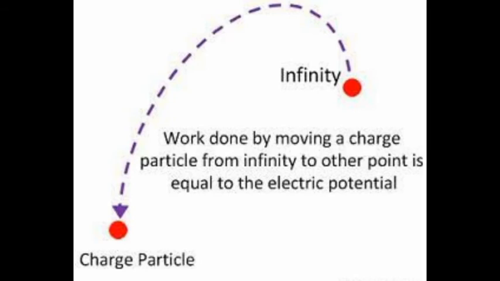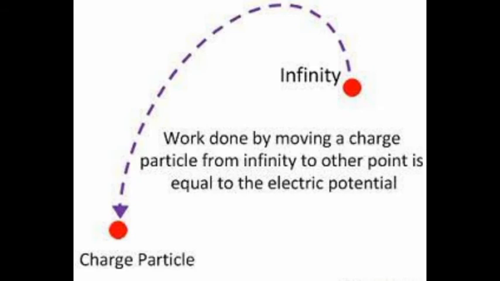Why is it considered as the work done to bring the charge from infinity to that point? It is because we are unable to predict the exact origin of that charge. We do not know the exact origin of that charge, so we are considering that the charge originated at infinity.